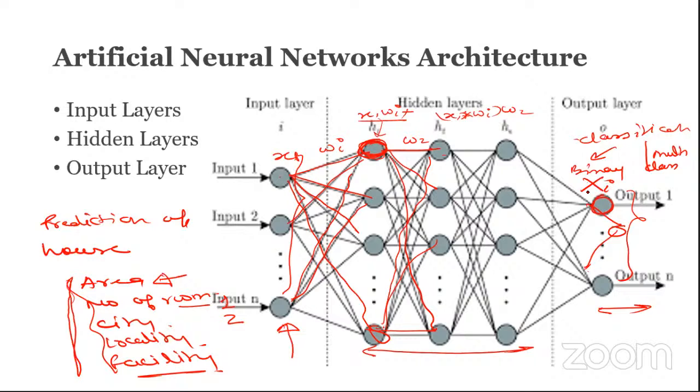So basically this capital Xi is representing the predicted value, and you are working on labeled data, so you know the actual value. This model will produce the predicted value, and you know the actual value. So let's say y cap is the predicted value, and y is the actual value.